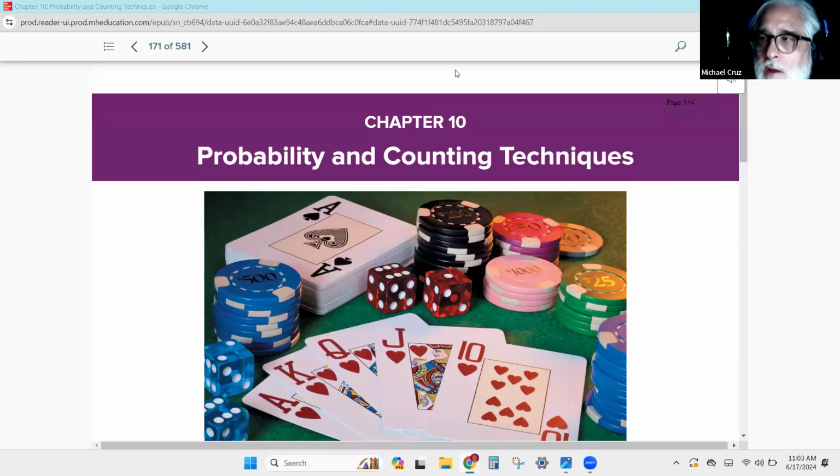Okay, so what we get into in chapter 10, as far as my notes are concerned, is probability, essentially. It's what the entire chapter is about. The first couple of sections after probability have to do with counting methods.